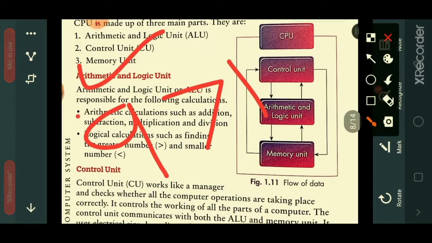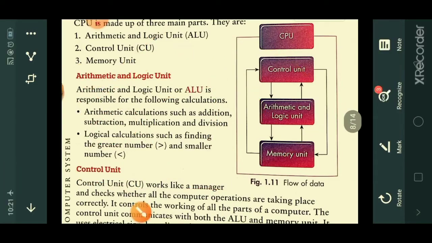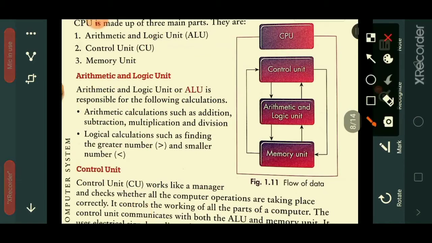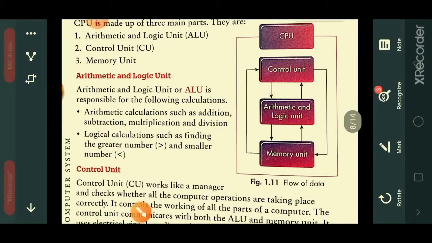Such decision making is known as logical calculations. In the same way, for finding the smaller number, 1 is smaller than 9. For making such logical decisions we use the arithmetic and logic unit.